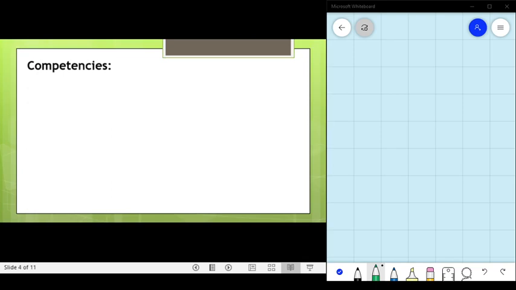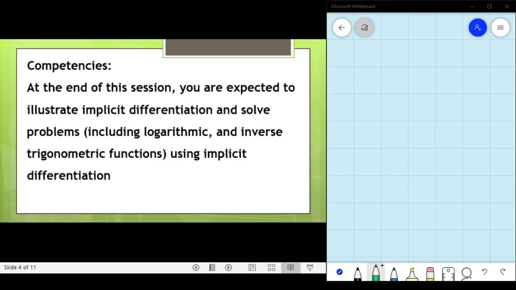The competencies. At the end of this session, you are expected to illustrate implicit differentiation and solve problems including logarithmic and inverse trigonometric functions using implicit differentiation.